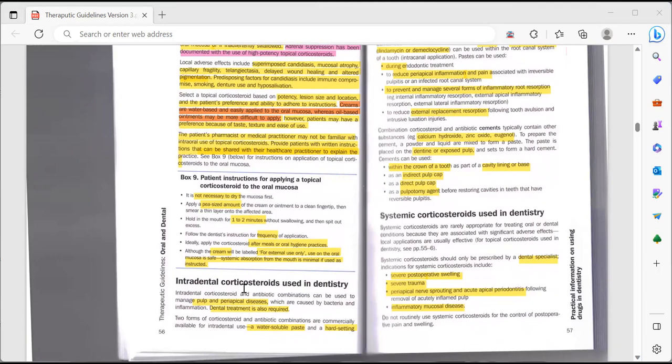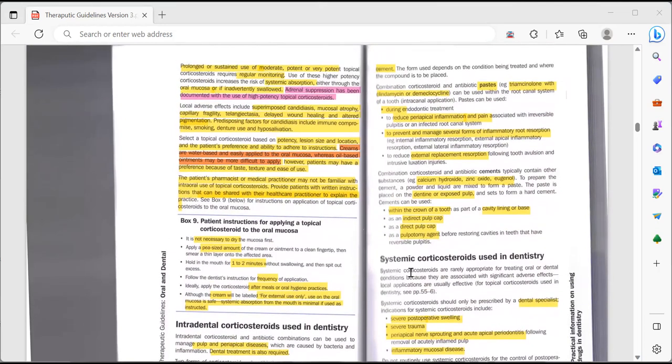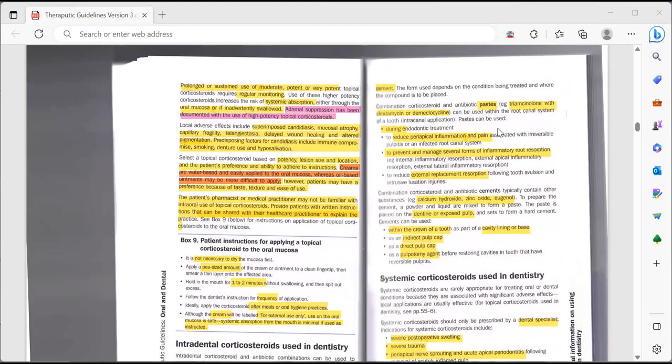So the intradental form is of two types, either a water soluble paste or a hard setting cement. The paste's composition is triamcinolone with clindamycin or demeclocycline, so it contains a corticosteroid and an antibiotic.